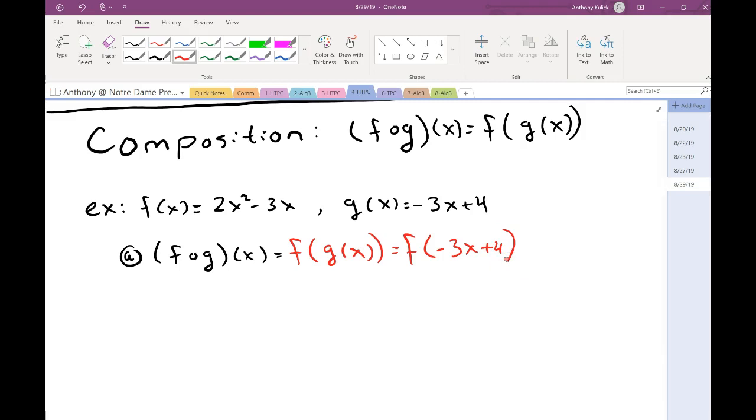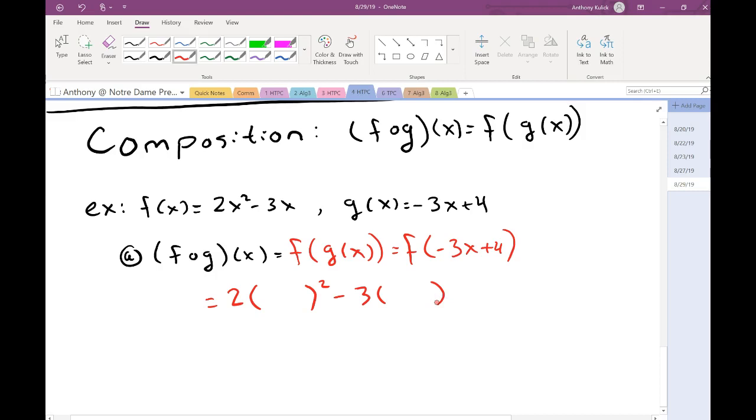Now when we have function notation like this, what this tells us to do is to take whatever's inside those parentheses and plug that in for the x's in our variable expression. The way I like to do this is I start by rewriting my expression for f of x, but wherever there was an x, I'm going to put a set of parentheses.